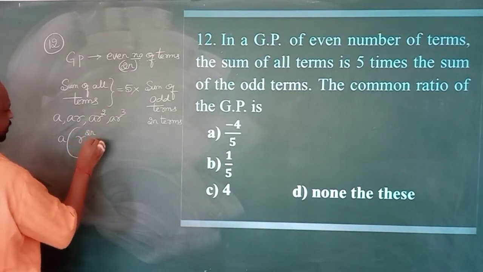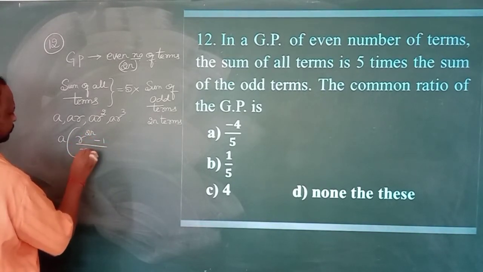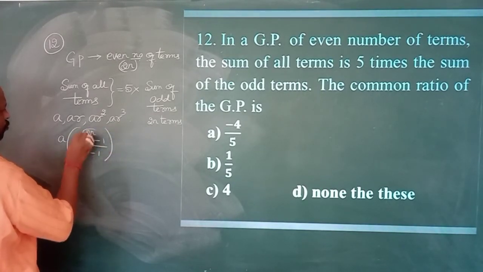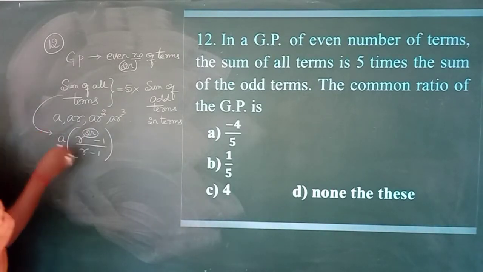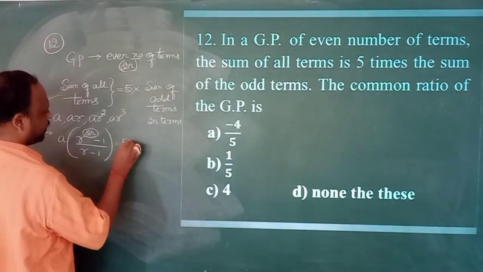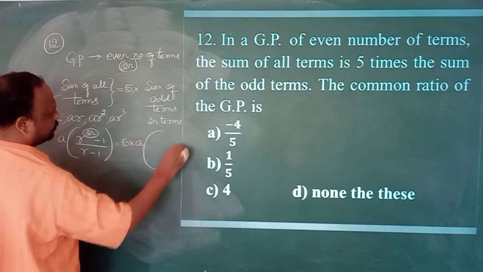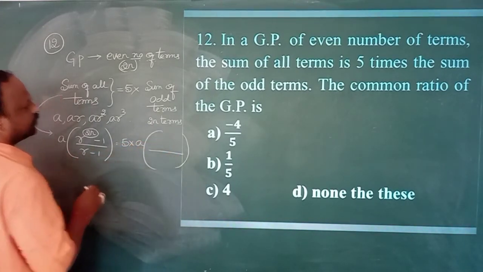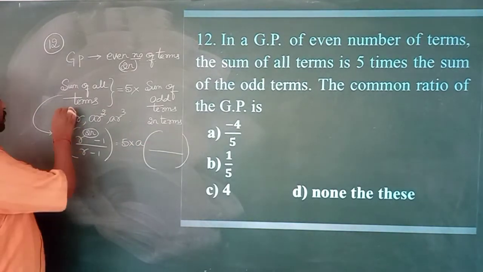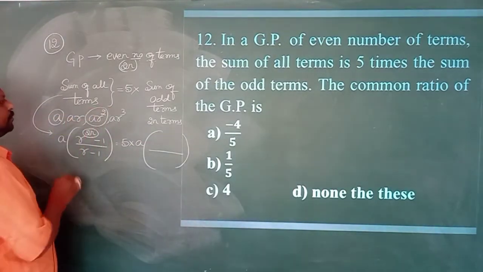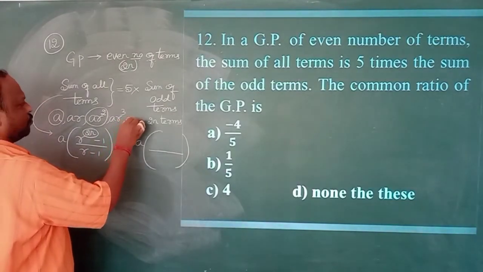Instead of n, you should write 2n. This is the sum of all 2n terms. Equals 5 into a into, what is the common ratio of odd terms? These are the odd terms: a, ar square, ar power 4.